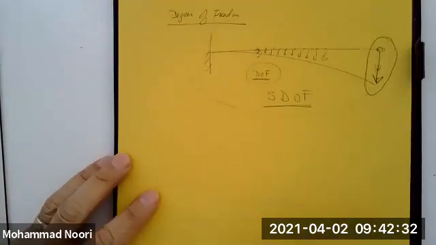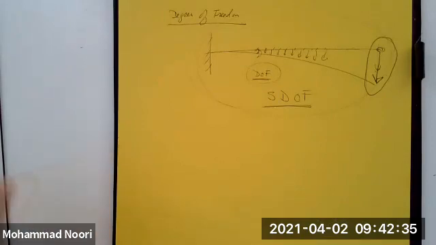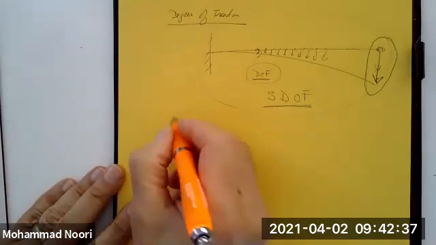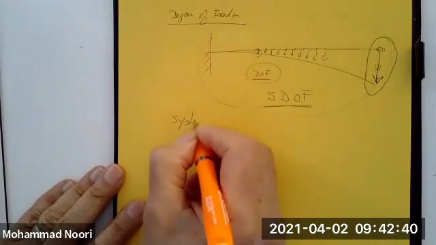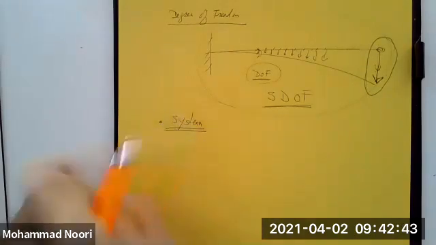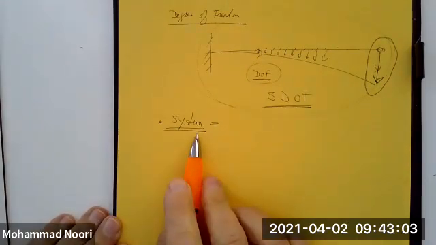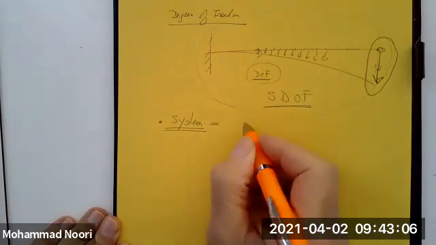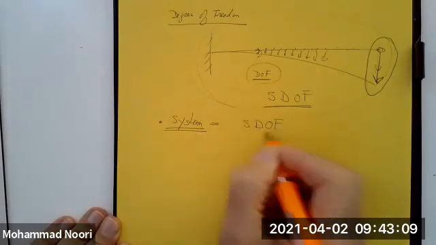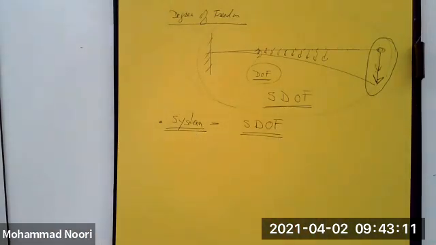Or let's not just that, let's make the assumption, since for the time being we are not talking about how to set up these degrees of freedom and relate them to a single degree of freedom, but let's assume, and that's the first and most important assumption to begin with that we are going to make in this course, that every system in the world that you can imagine, its motion can be described by only one degree of freedom.